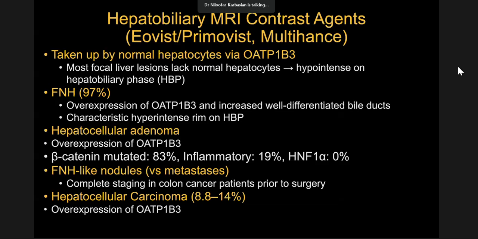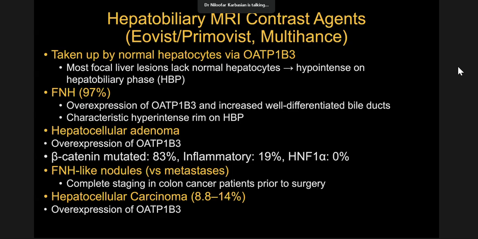Just a quick note about the hepatobiliary contrast agents, where we are standing right now and what we thought about them in the past. Of course, there are some flavors like Eovist, Primovist, or MultiHance. In our institution, we usually use Eovist. These hepatobiliary contrast agents are taken up by the normal hepatocytes via the OATP1B3 receptors.